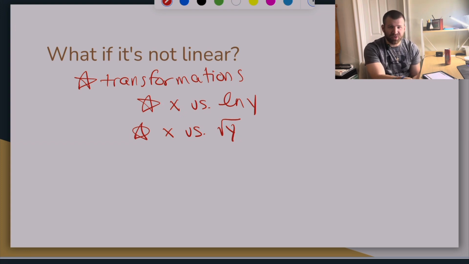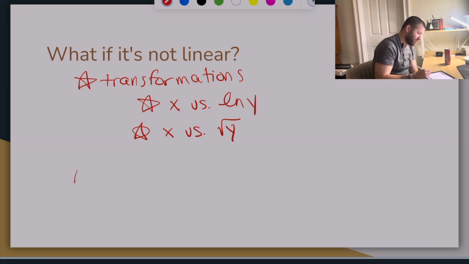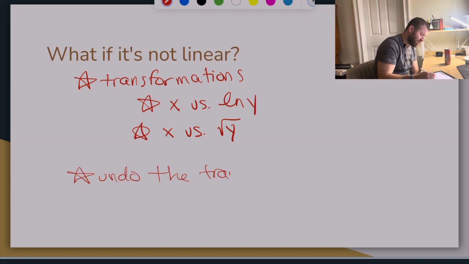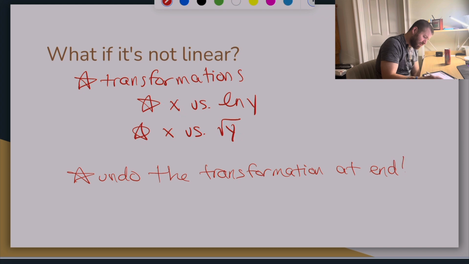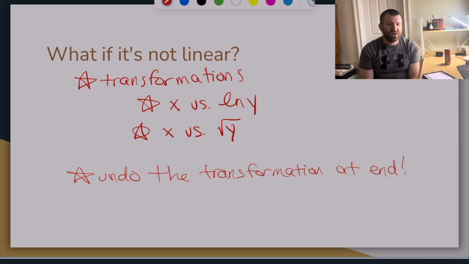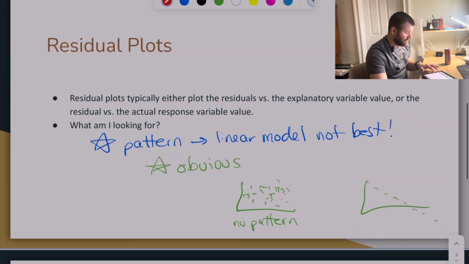If it is appropriate and you have to make a prediction, just remember to undo the transformation at the end. That's all. So typically, you do not have to do the transformation yourself. They will do the transformation for you, ask you again about its appropriateness, and I'm still looking for the same thing.